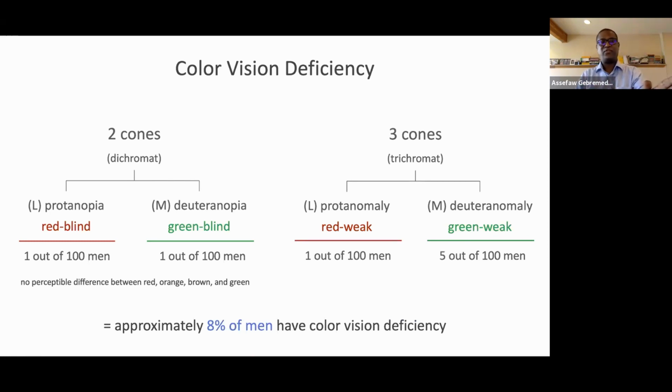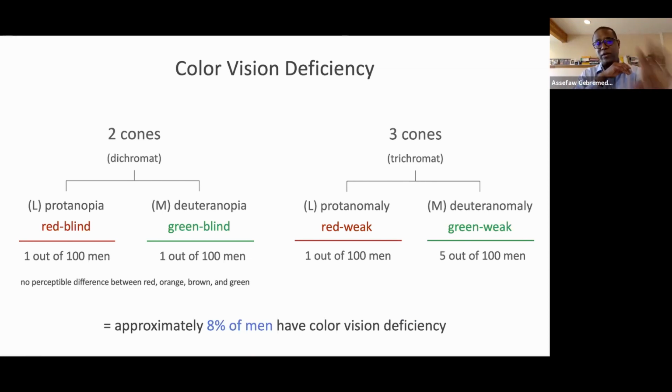What you see on the left is when you have two cones, and you have people who are red blind and people who are green blind. What you see on the right is when those three cones that I described earlier are present, and how people who are red weak or green weak are categorized.